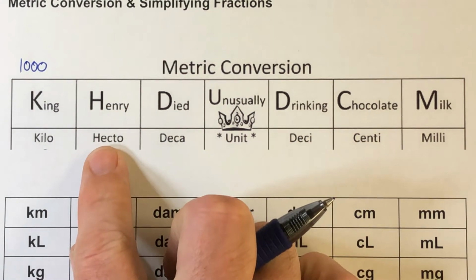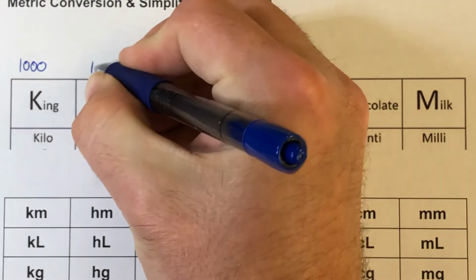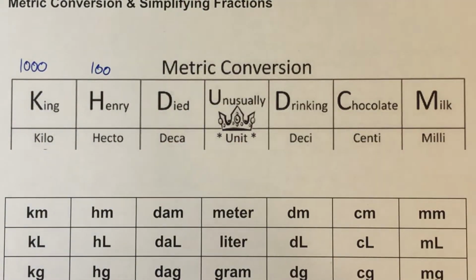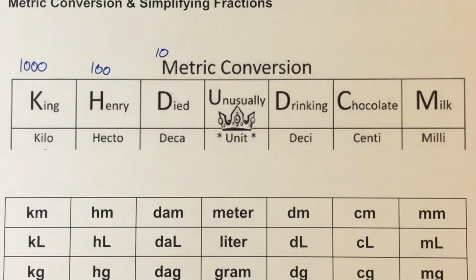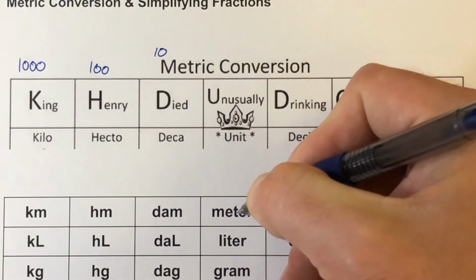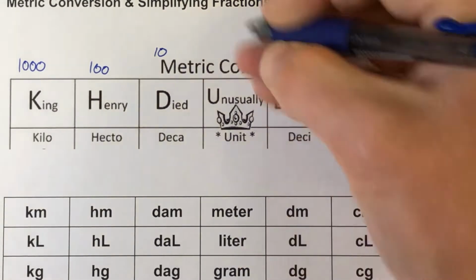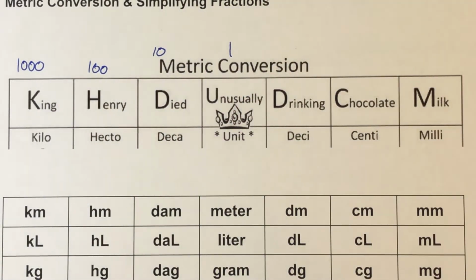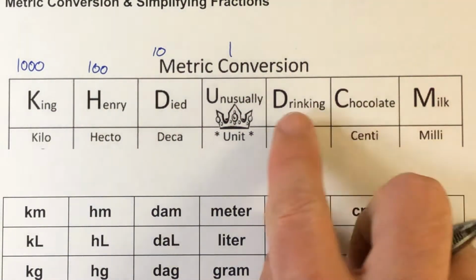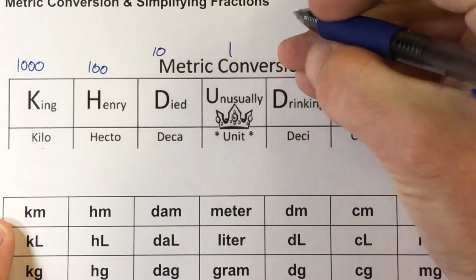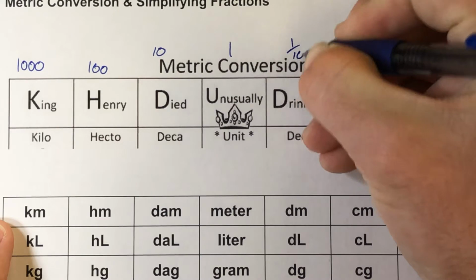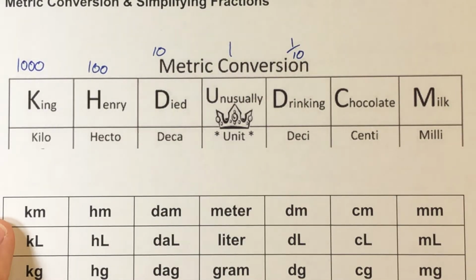H for hecto, that stands for 100 of something. Deca is 10 times. Your standard unit of measurement, meter, liter, or gram, we just have one of something. If we are looking at D for deci, we are referring to 1/10 the size of something.